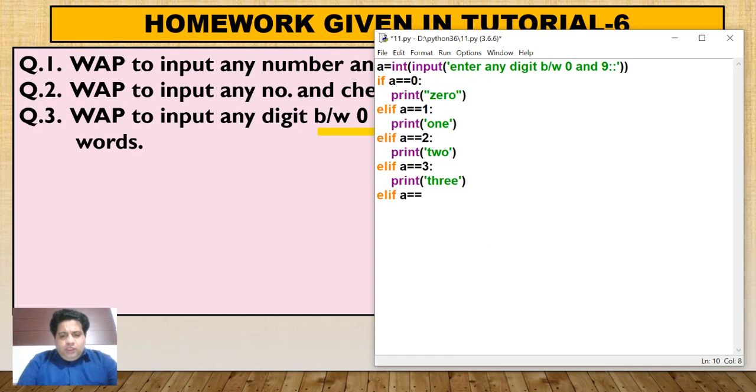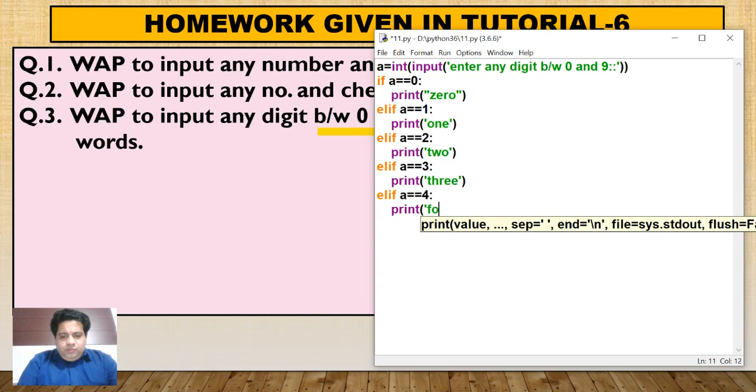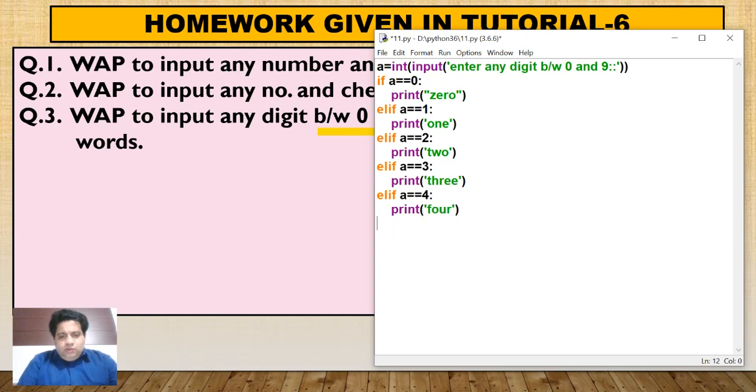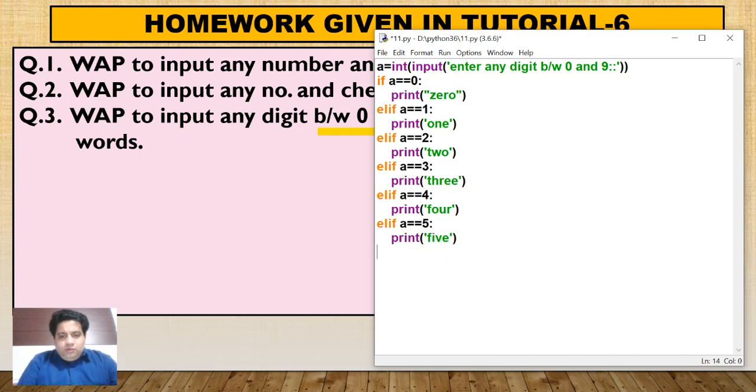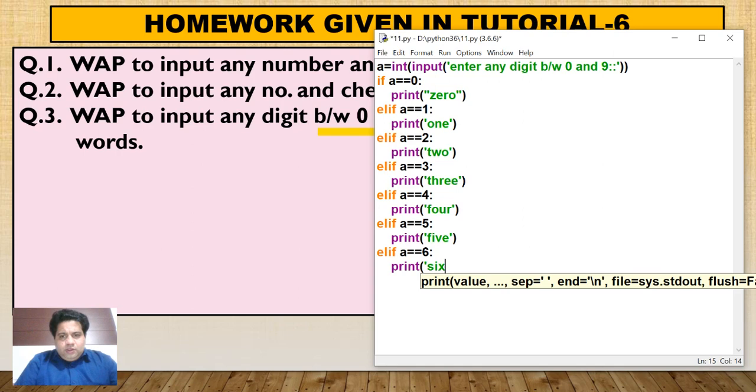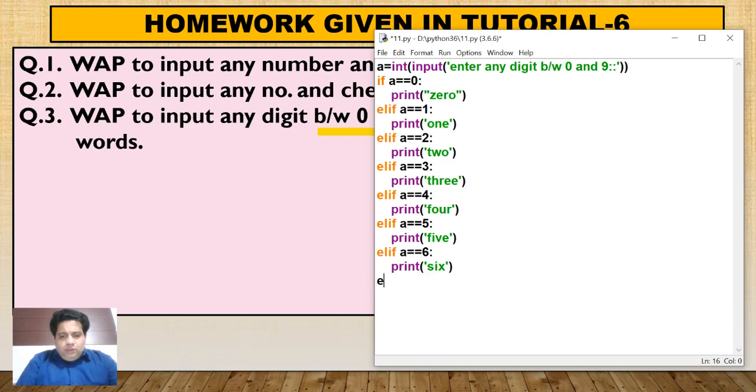Elif A equal to 4, print 4. Elif A equal to 5, print 5. Elif A equal to 6, print 6. Elif A equal to 7, print 7.